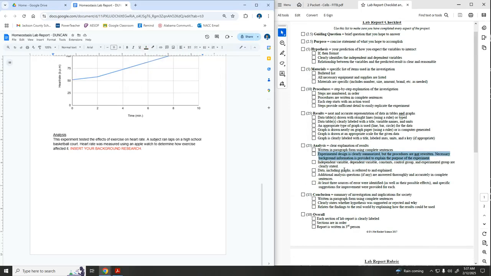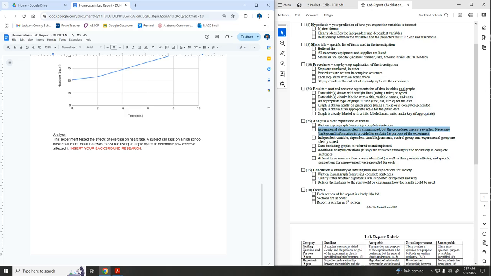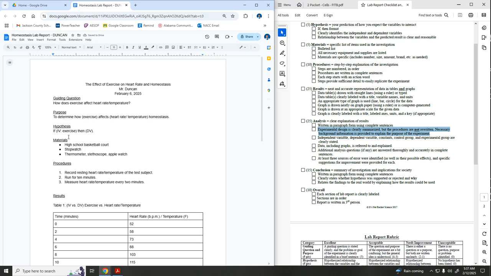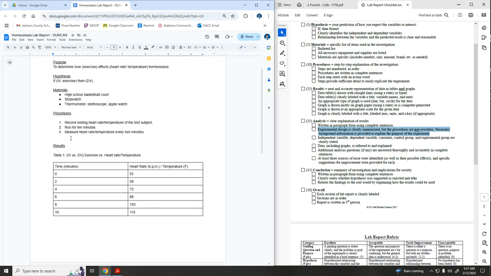All right, continuing on, independent variable, dependent variable, constants, control group, and experimental group are clearly stated. So in this experiment, the independent variable was, so let's go back and look at our hypothesis. If independent variable, then dependent. So if independent, the type of exercise.